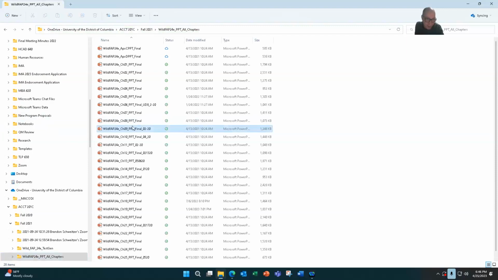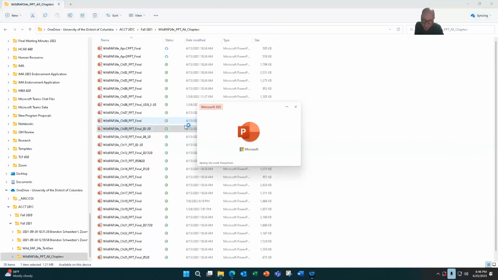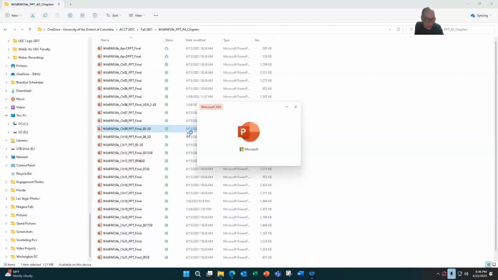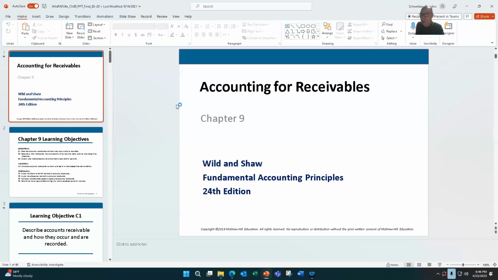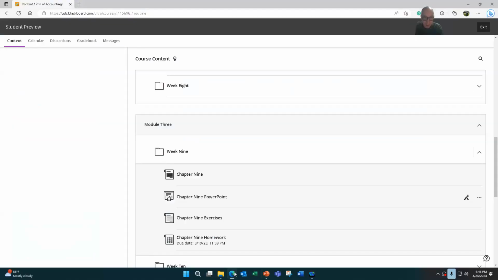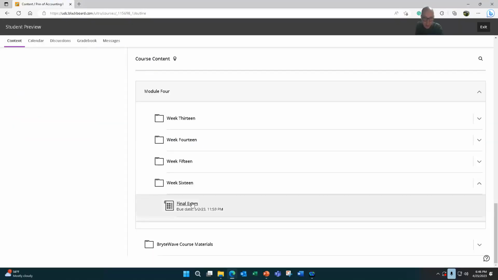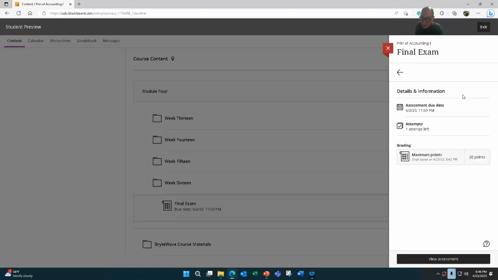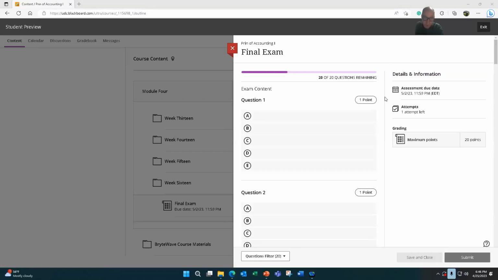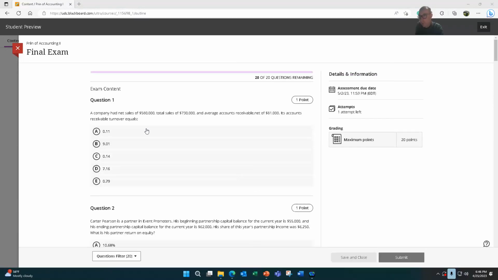Chapter 9 was on accounts receivable. Now, what did that first question ask us? If I'm not mistaken, it asked for the accounts receivable turnover. Well, isn't that interesting? So question 1 comes from chapter 9.